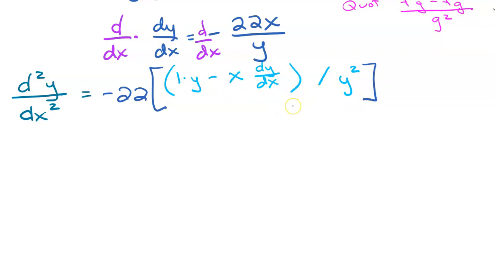We see a difference because we have habits. So I just want to simplify this numerator as much as I can before I start thinking about simplifying with my denominator. And here's the other part. Dy dx all by itself, we know what that is. We just found it. Dy dx is negative 22x over y. We just found that.